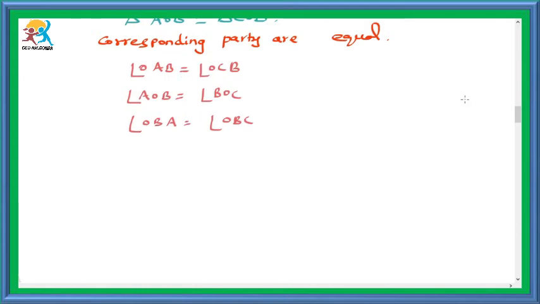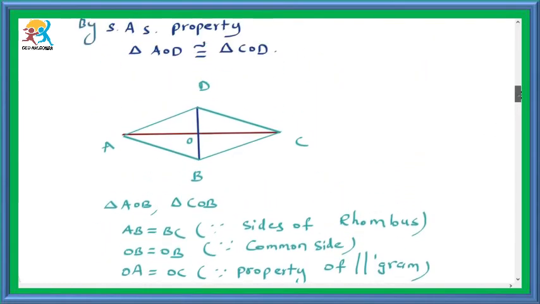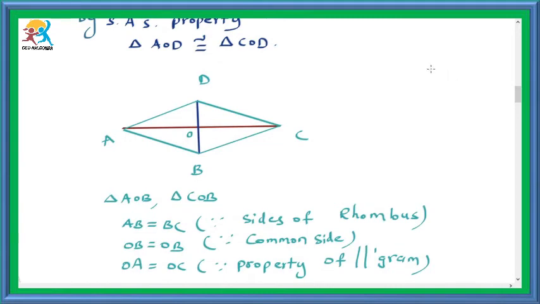By observing these three, what do we get? This angle and this angle are equal. This angle and this angle are equal. From this we can say that the diagonals are bisecting the angles at the vertices.